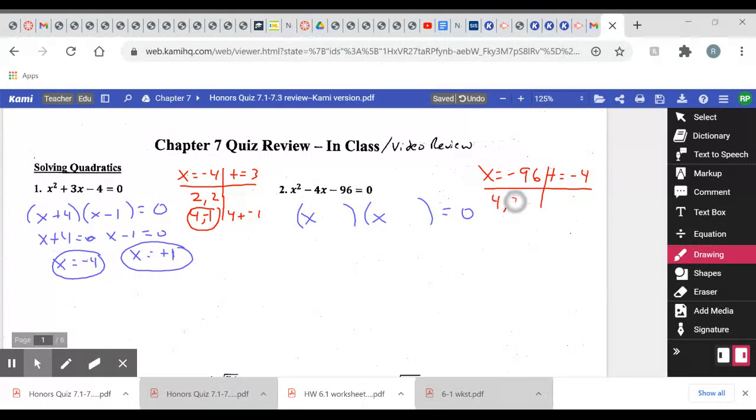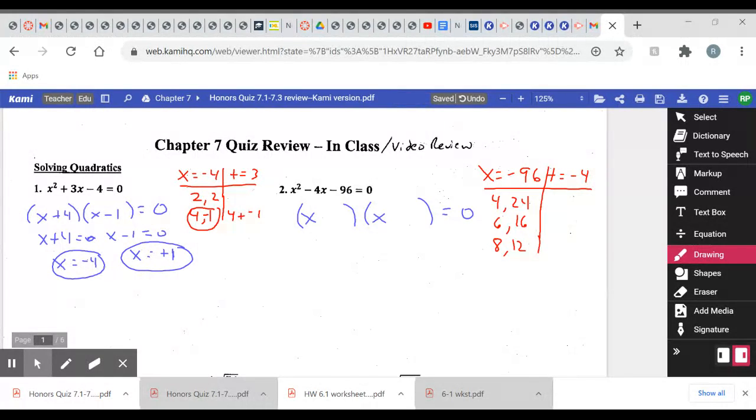I might think of 4 and 24, but those don't add or subtract together to give me 4. I might think of 6 and 16. And when you're trying to think of factors, you can use your calculator to start dividing numbers in until you find something that works. 6 and 16 don't add or subtract together to give me 4. And then I come up with 8 and 12 that add or subtract together to give me 4.